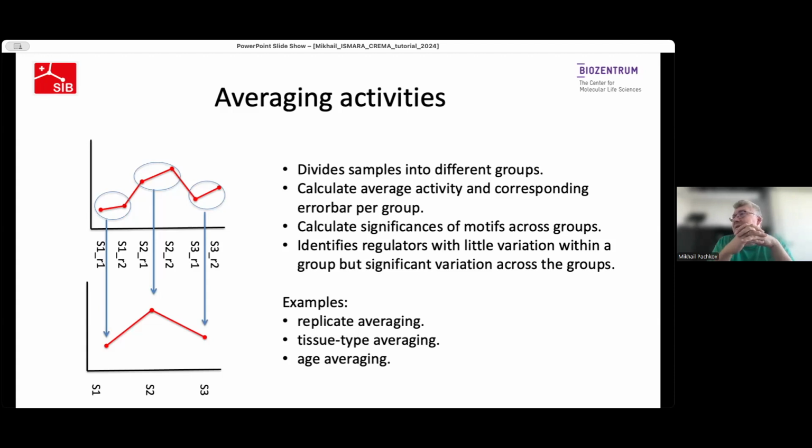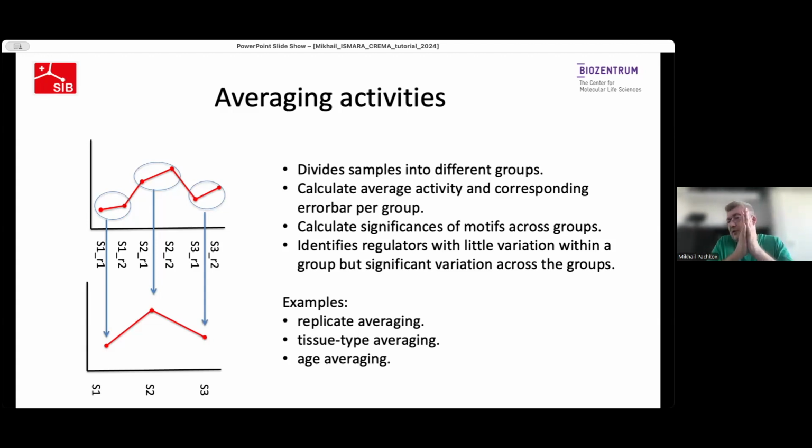It also calculates significances of motifs across the specified groups and identifies regulators which have very little variation within a group, but quite a lot between the groups. So you can identify motifs which are consistently significant across different groups.